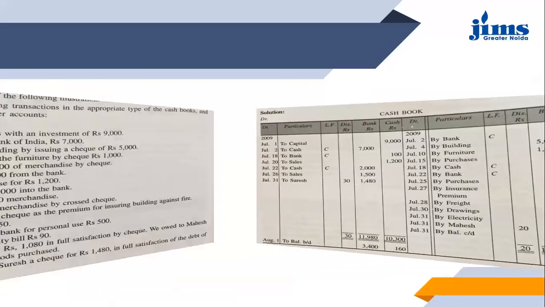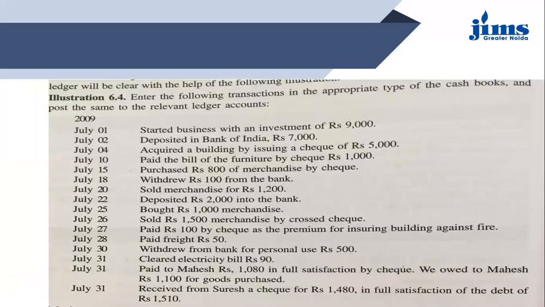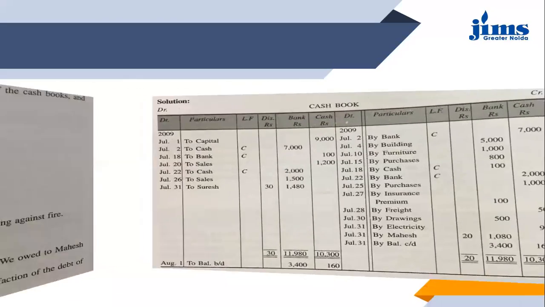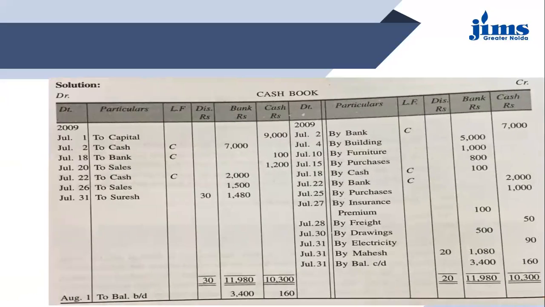Then the next transaction is acquired a building by using a check of 5,000. This is where cash is going out through bank, and paid the bill of furniture by check, 1,000 rupees. Both of these transactions are outgoing cash transactions, and they are being done through bank. You can see here 4th July, buy building, since building is purchased, 5,000, and then 10th July buy furniture 1,000.